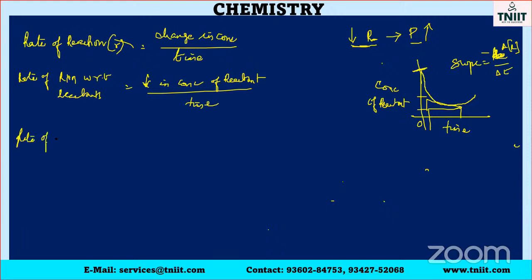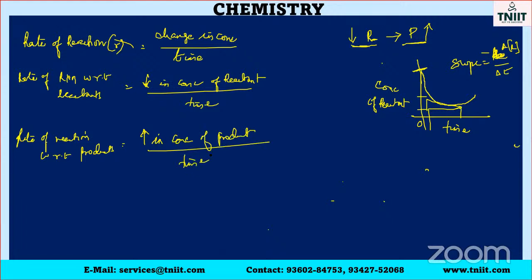Similarly, rate of reaction with respect to products. With respect to products, the concentration of the product increases. So it is the increase in concentration of the product with respect to time. This is how we define rate of reaction with respect to product. If you plot a graph, this is concentration of the product with respect to time.